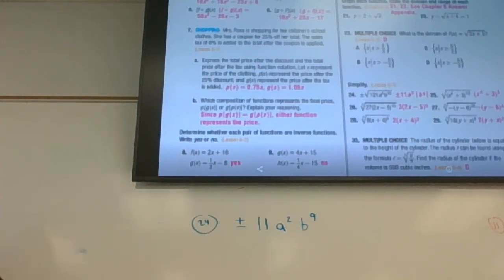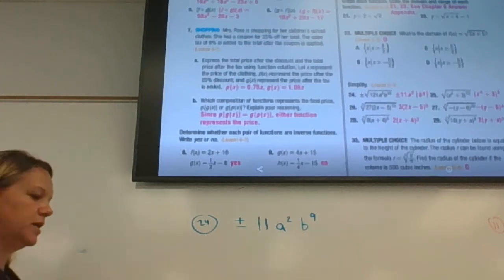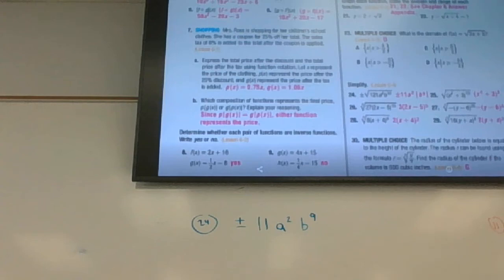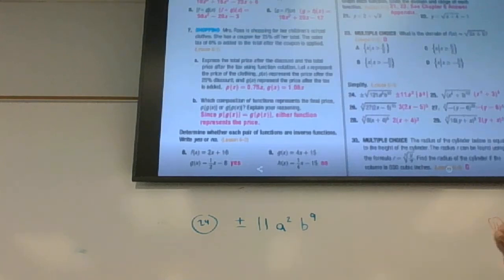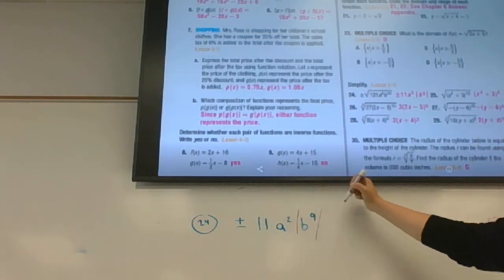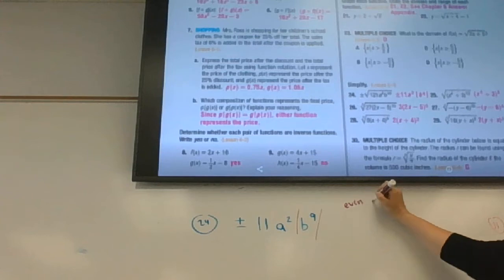I would give you full credit for that. The reason you need absolute value bars technically is because it's an even exponent and an even index and an odd result. It's just those very specific conditions.